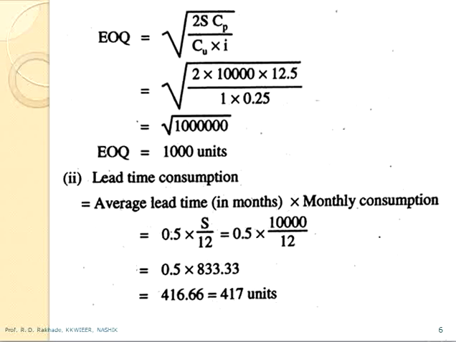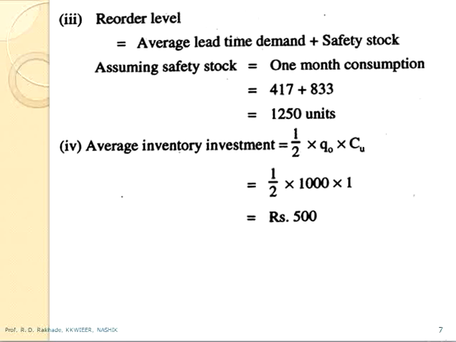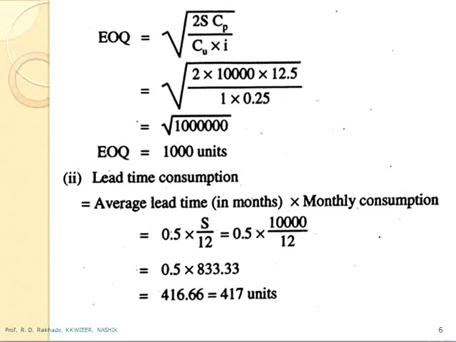Means after 417 we need to reorder. Then reorder level is a summation of average lead time demand plus safety stock. So we already calculated average lead time demand. We assume here safety stock is 1 month consumption. So 1 month consumption is 833, that is 834.